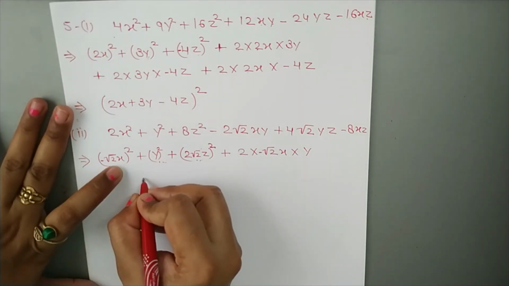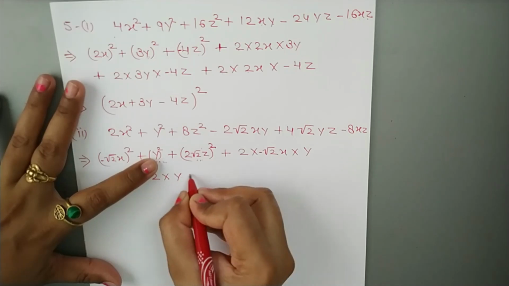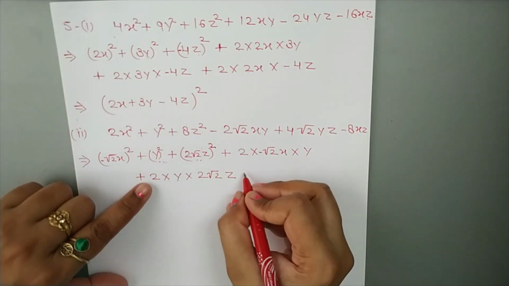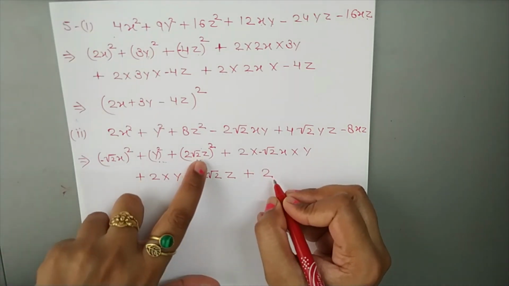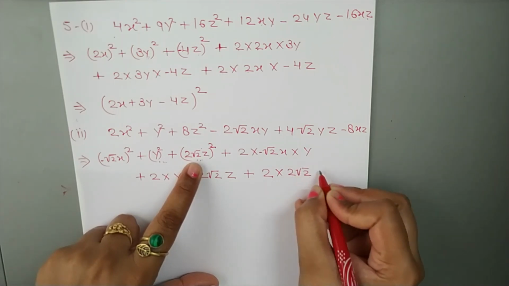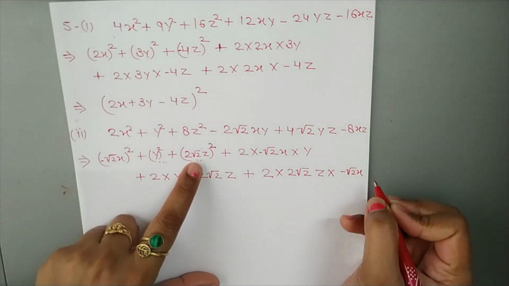Then another is 2 into y into 2 root 2z. Then plus 2 into 2 root 2z into minus root 2x.